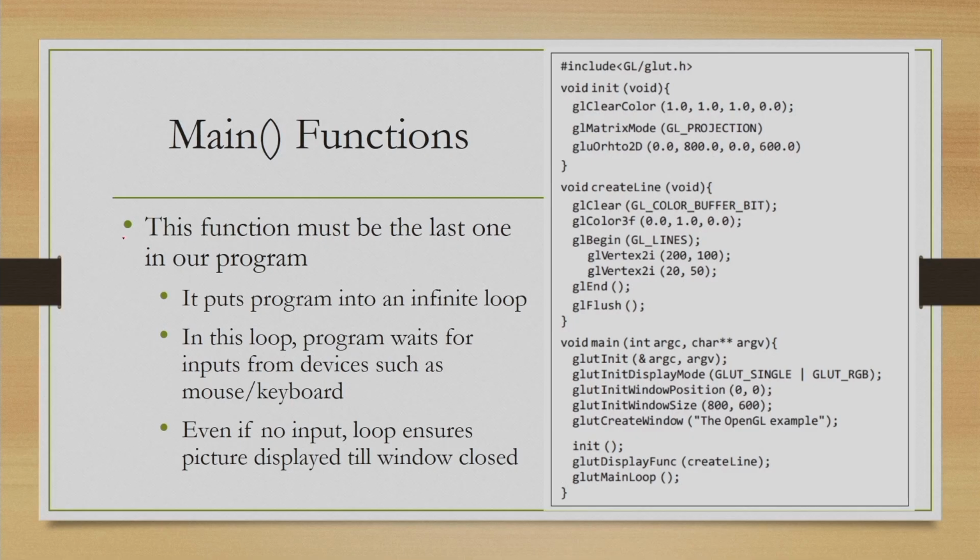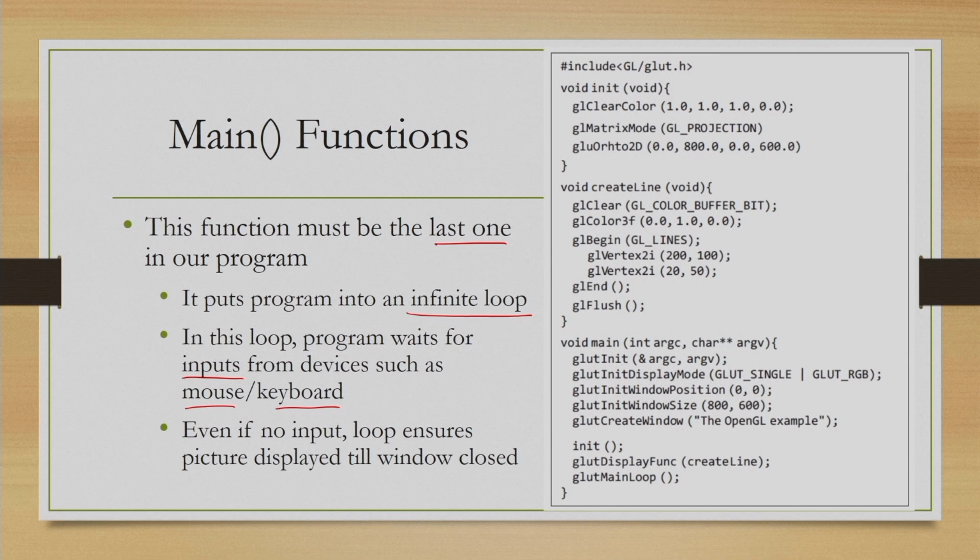This function must be the last one in our program. It puts the program into an infinite loop because we want the display constantly. In this loop, the program waits for inputs from devices, any input device such as mouse, keyboard.